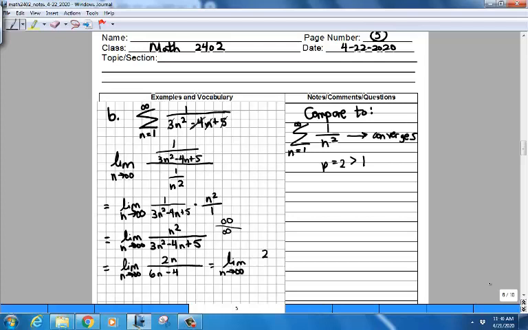So that gives you 2 over 6, which is a constant, 1/3. As n goes to infinity, 2 over 6 is a constant, so it's not changing. So this limit will be 2 over 6, which is 1/3.